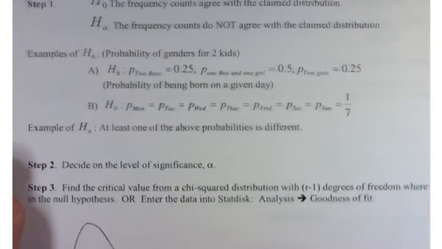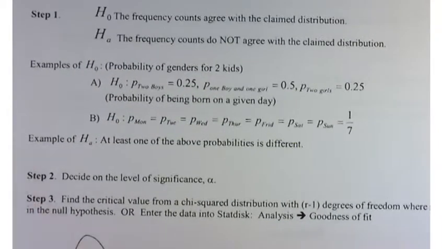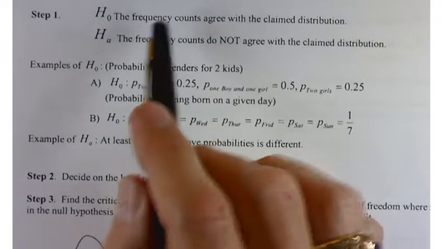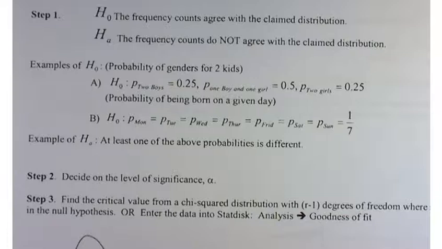What's going to be different about this is the form of your null hypothesis. Your null hypothesis basically says that the frequency counts agree with what you expected. And the alternative hypothesis is that they don't. And we're not saying how they're different, we're just saying that they're different.